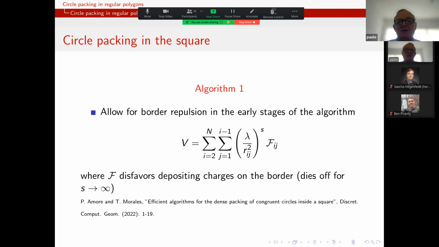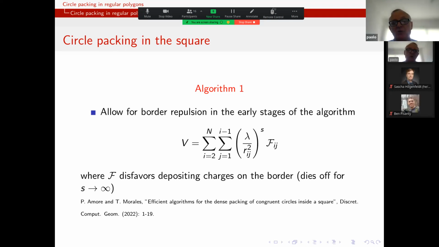So that's the motivation that brought us to make a slight upgrade to the algorithm, essentially with this paper that I wrote with my student Tenoch. What we did is a simple change: allow border repulsion in the first early stages of the algorithm.